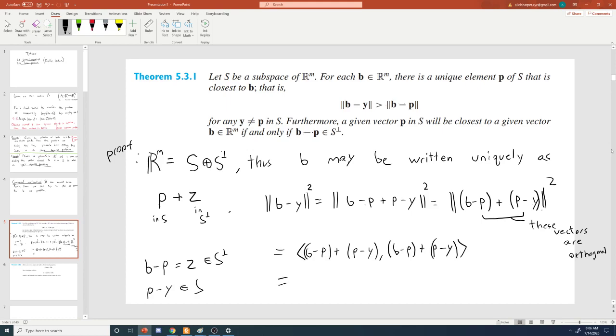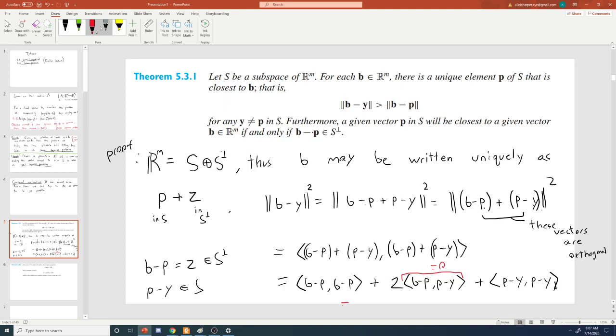And this in turn is the same thing as B minus P, the scalar product of it with itself, plus 2 times the scalar product of B minus P with P minus Y, plus the scalar product of P minus Y with P minus Y. Now, because this vector and this vector are orthogonal, this quantity right here is equal to 0.